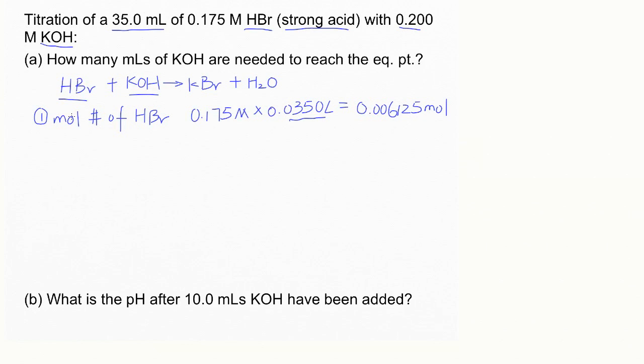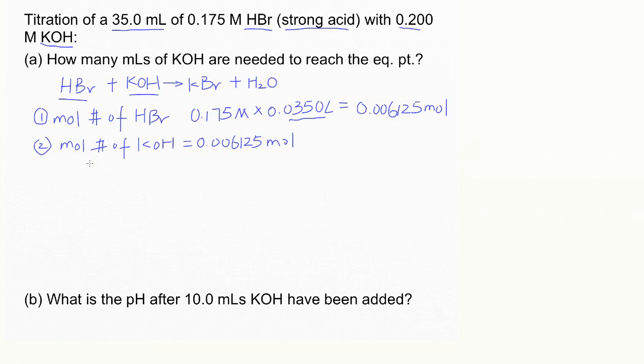Now, as we just discussed, the mole number of the hydrogen bromide should equal the mole number of the potassium hydroxide. So the second step here is potassium hydroxide. The mole number of potassium hydroxide is 0.006125 mol.